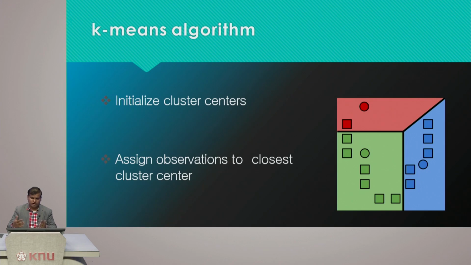One more point here: the red cluster has only one object, and you can still see there is a distance between the red cluster center and the red object. Since it has only one object, we can put the center of that cluster right over that object.